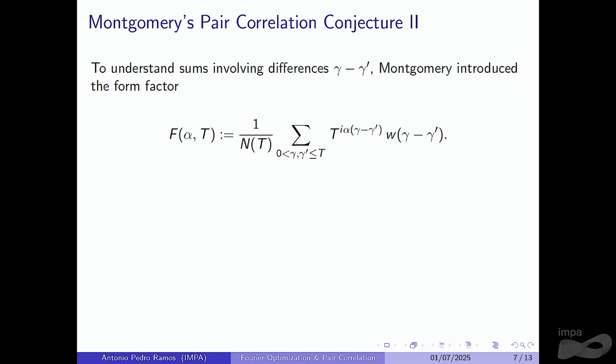To study the differences of these ordinates, gamma minus gamma prime, Montgomery introduced this function, which is a kind of Fourier transform. It is a function depending on a real parameter alpha and a positive parameter T, which is going to be a height.